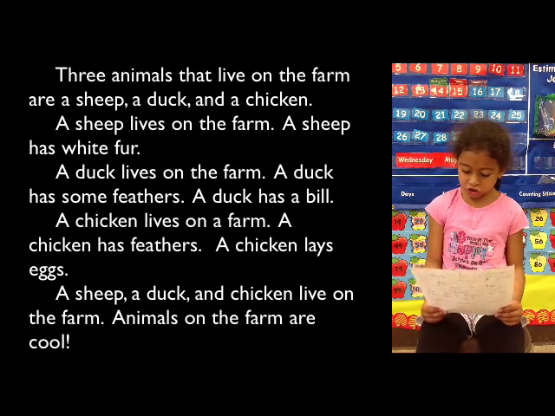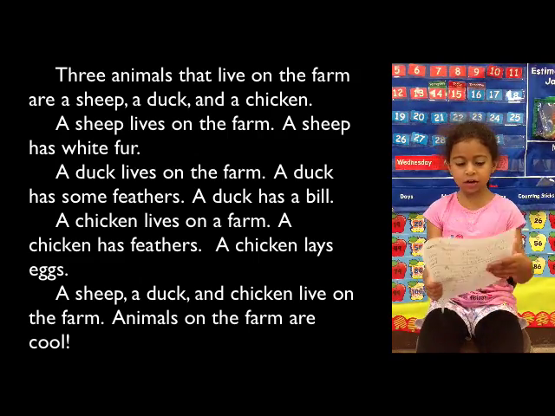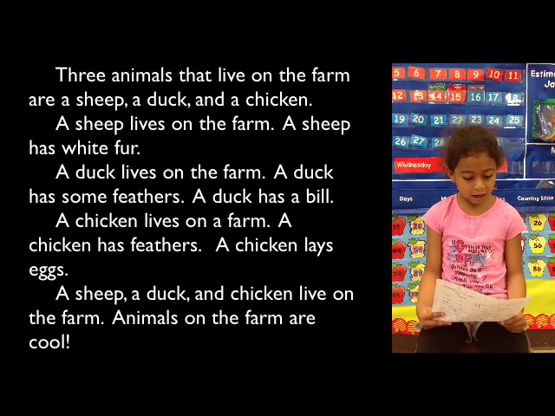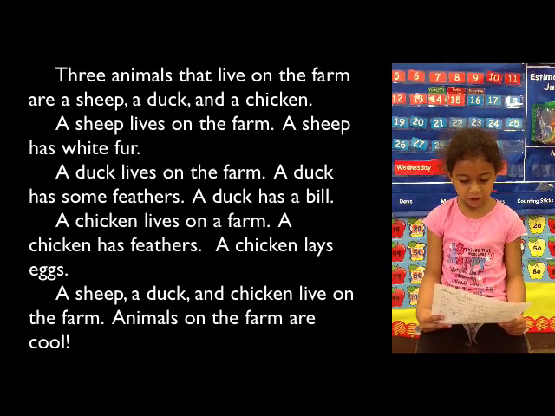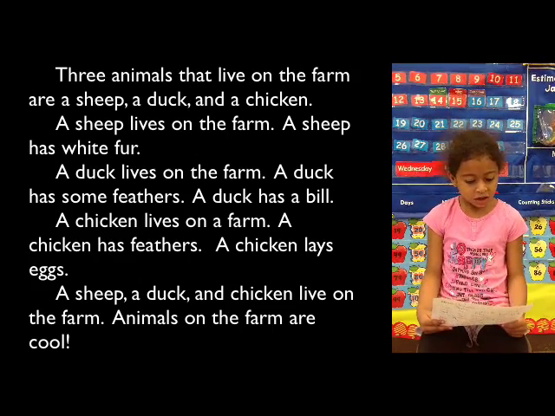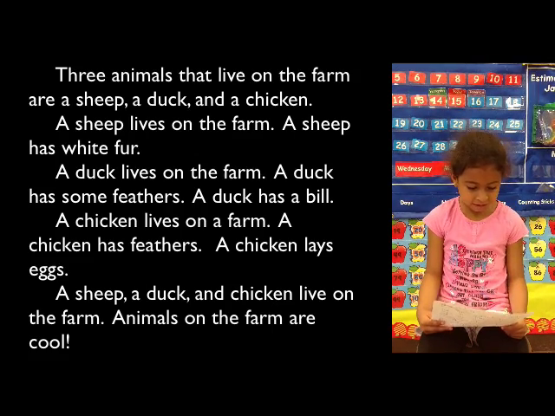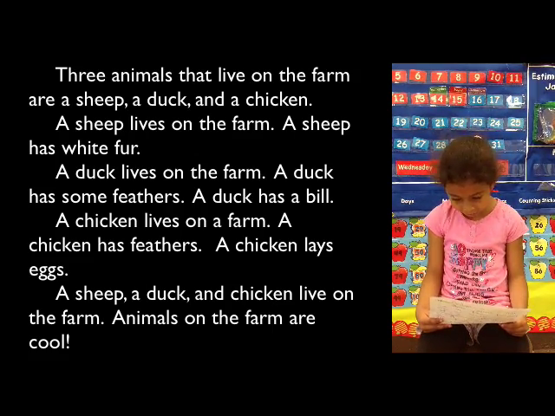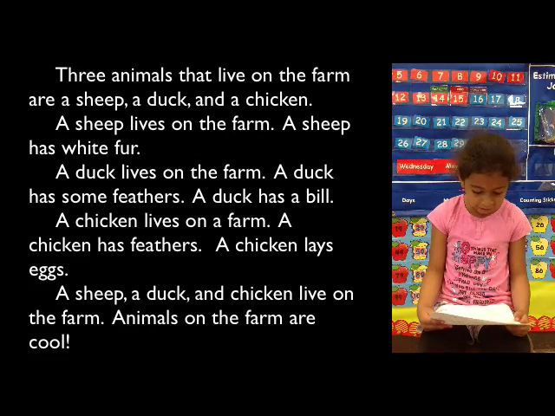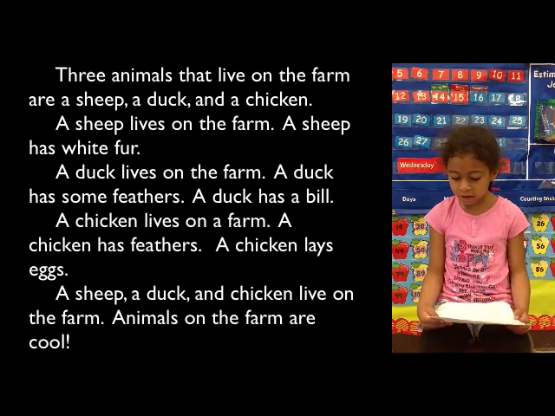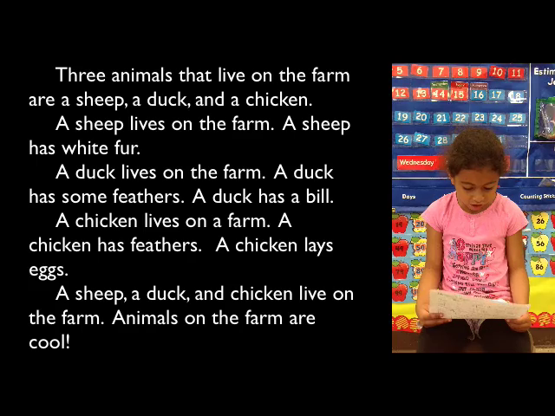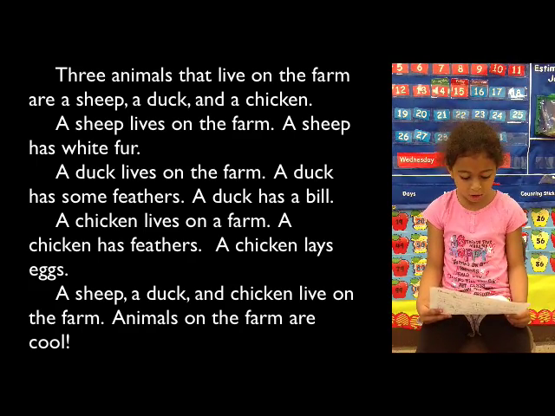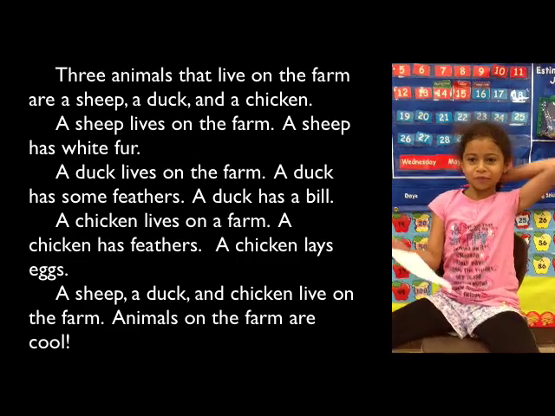A chicken lives on a farm. A chicken has feathers. A chicken lays eggs. A sheep, a duck, and a chicken live on the farm. Animals on the farm are cool.